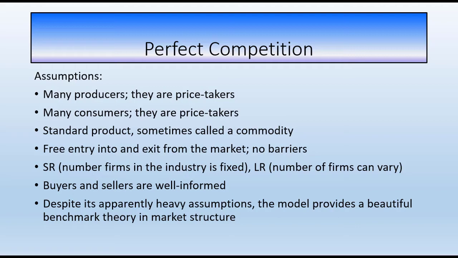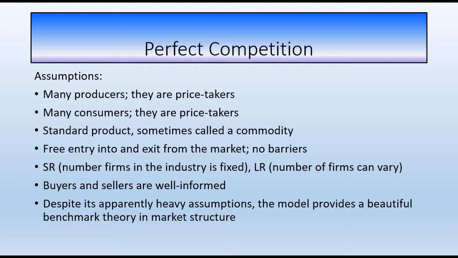It's just not there. But the model, like I said, is extremely insightful, and it's a benchmark theory, because we're going to leverage this chapter, this video, for the next couple of chapters. So it's interesting what this model predicts. It's an interesting benchmark theory of what we call market structure.